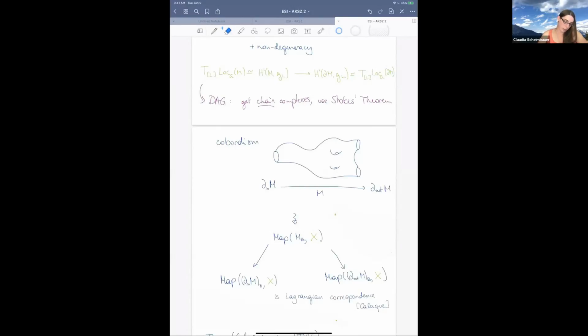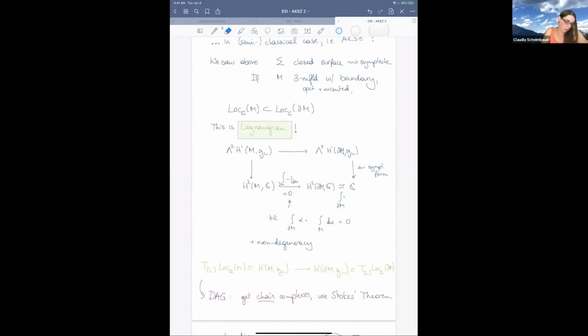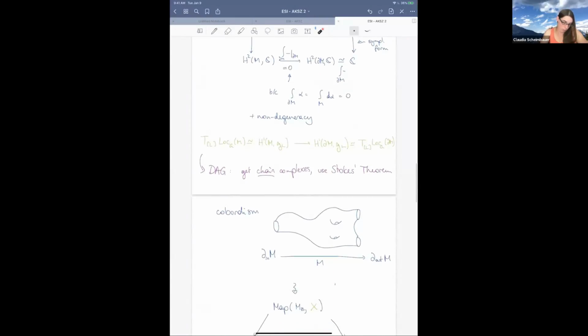So now we just had a single boundary. We were only looking at one boundary. But now if I decompose my boundary into two parts, as I would do in a cobordism, I get a map from the G-local systems on M to the product of G-local systems on one part of the boundary times the local systems on the other part of the boundary.